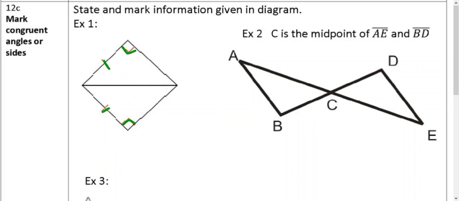But what I want you to see is that this side in the middle that is the same for both triangles is also congruent. If you were to pull those triangles apart, they would both have the side that's congruent. That side was part of both triangles. And the reason we can say that that's the same is by the reflexive property.